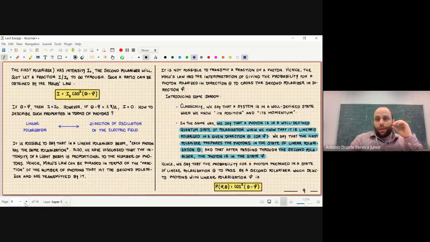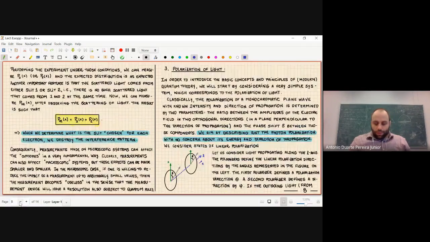So now, again, we want to describe photons. When I pass light through the first polarizer, in the wave picture, I say that the electric field is oscillating in the direction of theta. So when I think about photons now, when the light beam has just passed through this polarizer, I will introduce this name.